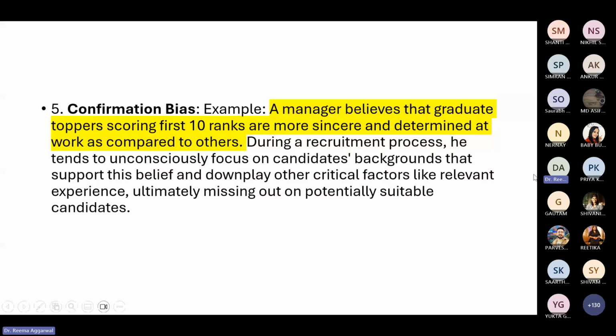For example, if a manager believes that graduate toppers scoring the first 10 ranks are more sincere and determined, then during the recruitment process, he will tend to unconsciously focus on candidates' backgrounds that support his belief. So automatically, his interview will be a little lenient for the top rankers. He will be a little strict with those who are the other way around.